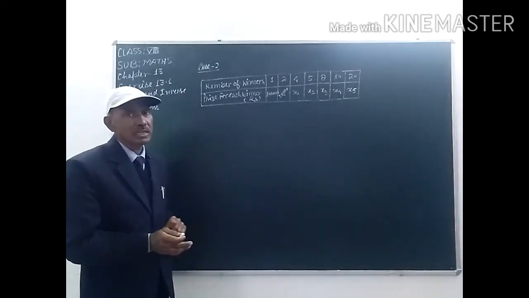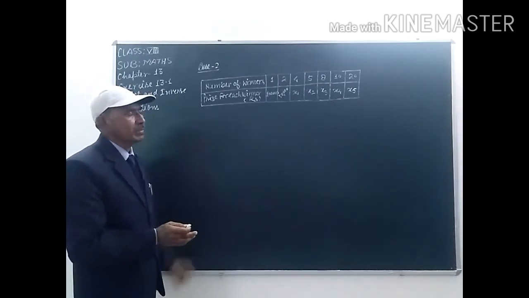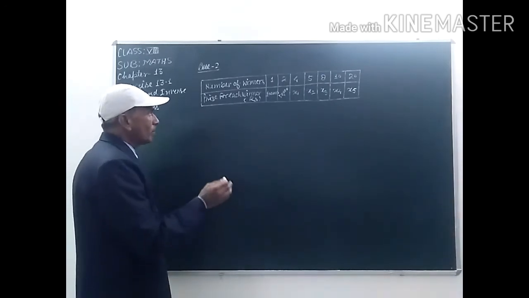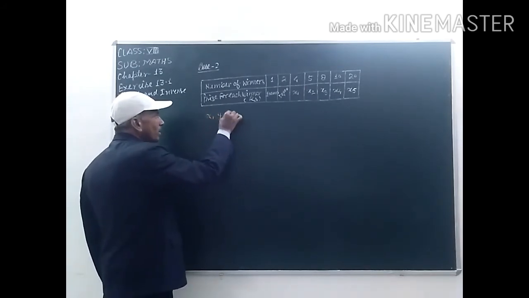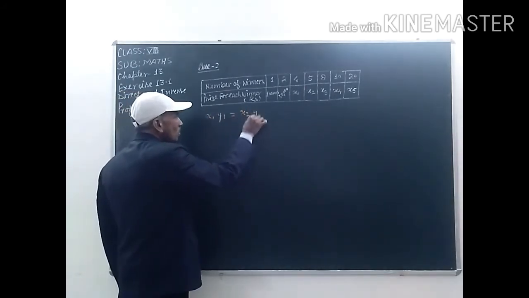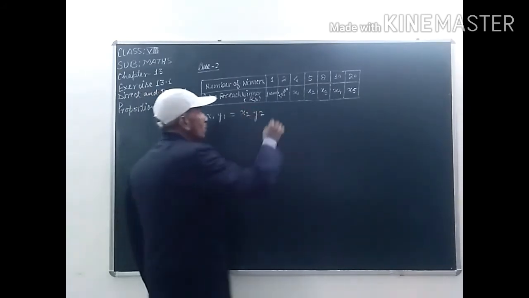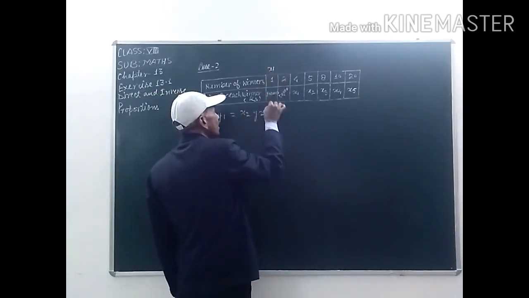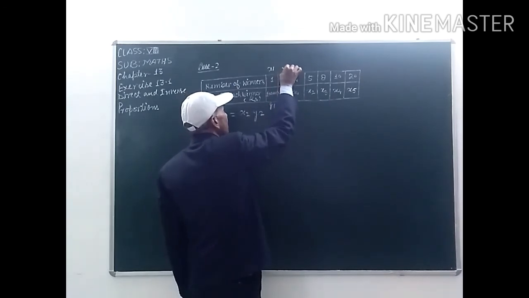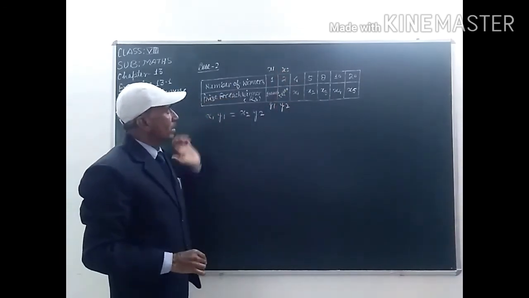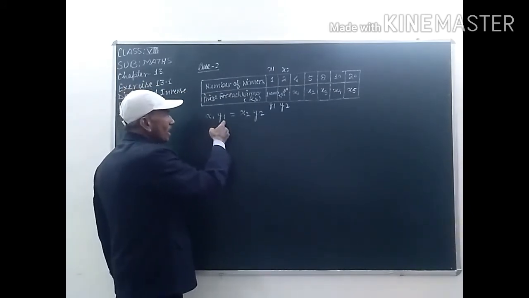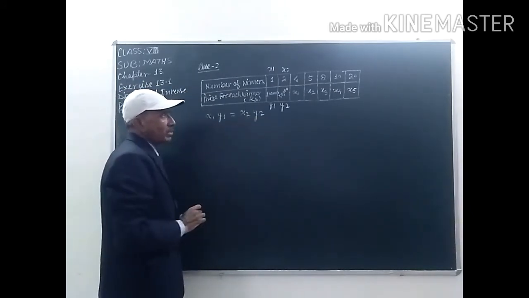So this question is related to inverse proportion, and the formula for inverse proportion is x1 y1 is equal to x2 y2. Suppose this is x1, this is y1, x2, y2. Clear, students? So it will be x1 y1 is equal to x2 y2.